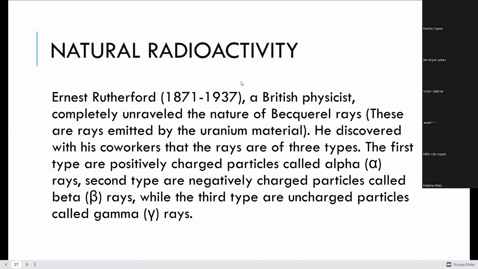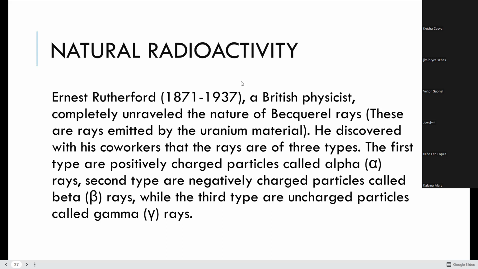As we discussed about natural radioactivity, we actually tackled the three types of particles. The first type is positively charged, which are called alpha particles, or alpha rays.